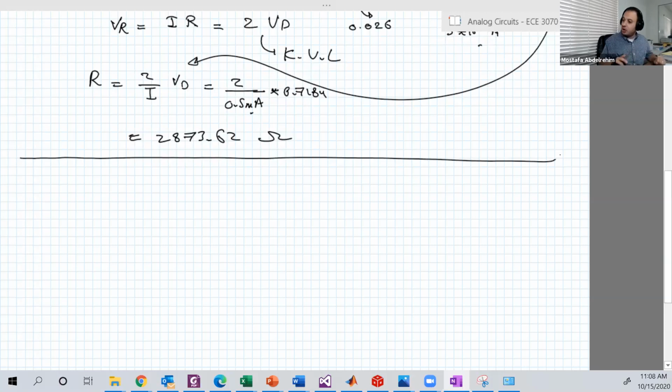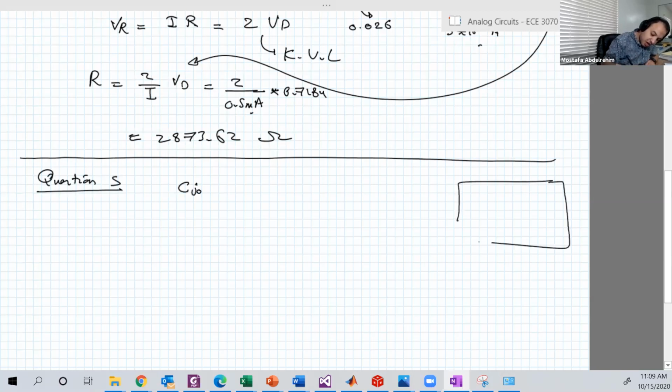So let's do very quickly the capacitor, which is the varactor diode stuff. So this is question 5. So you know CJ0, if you have a varactor diode like this.